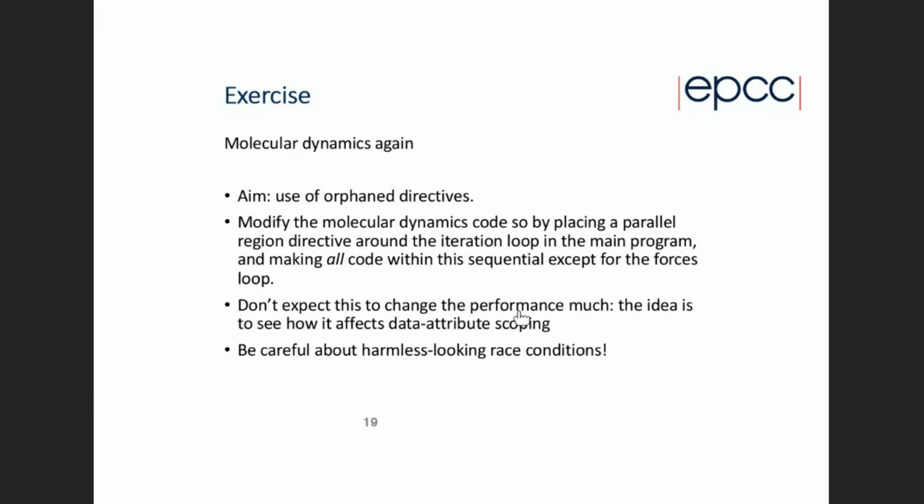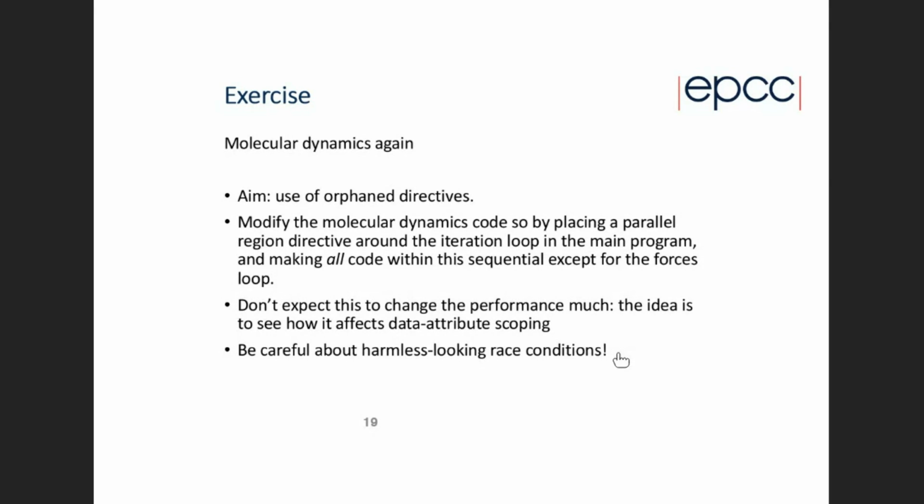But don't expect that to change the performance very much. It won't make much difference to the performance. But the idea here is it's just a useful way of seeing how that affects the data attribute scoping. Okay, so how that changes the way that you need to declare things. And there's at least one nasty little gotcha with that, which you can look out for.